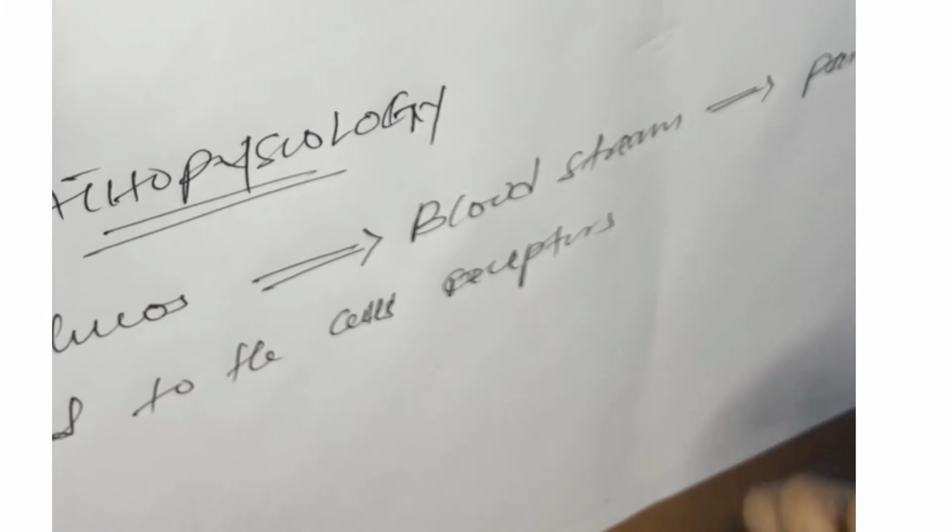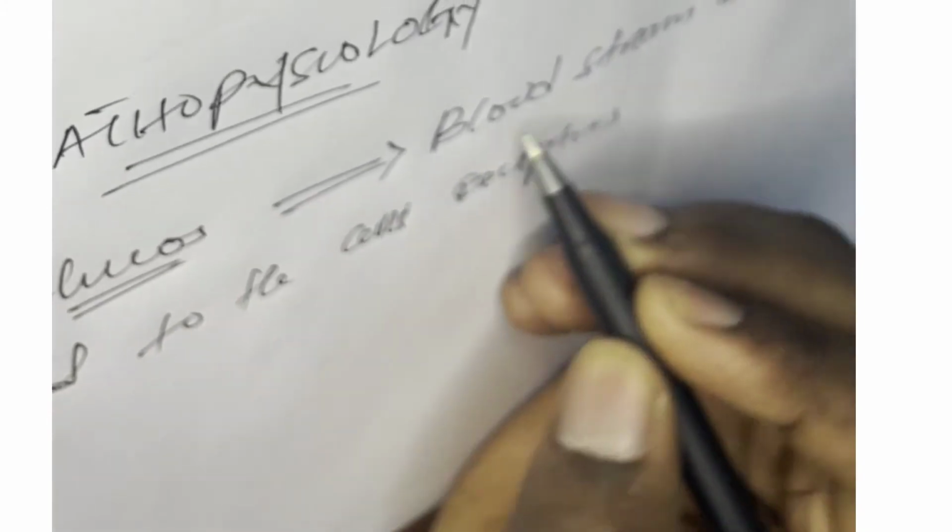Now, when we have a problem with insulin, that it cannot be produced or secreted, then the blood glucose in the blood will be high.